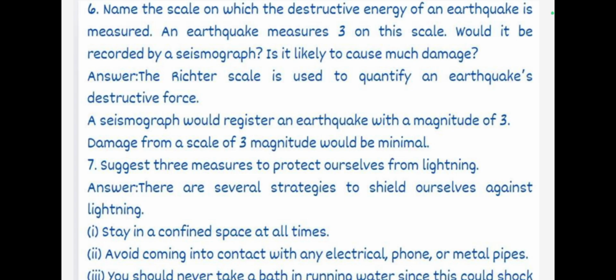Damage from an earthquake of 3 magnitude would be minimal.